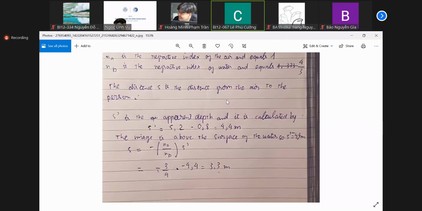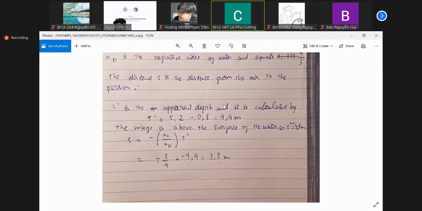is apparent depth, and it is calculated by S equal 5.2 minus 0.8 equal to 4.4 meter, but the image is above the surface of the water, so S equal to minus 4.4 meter.